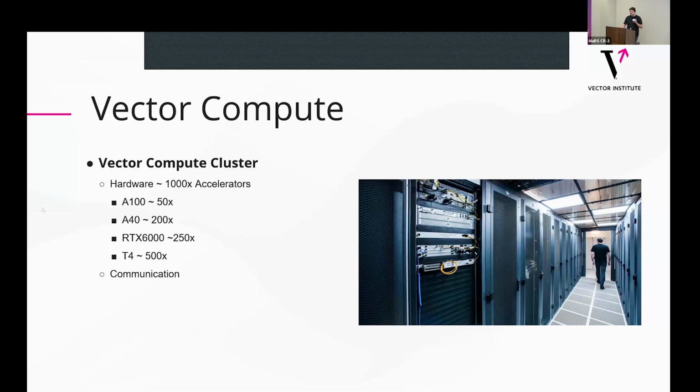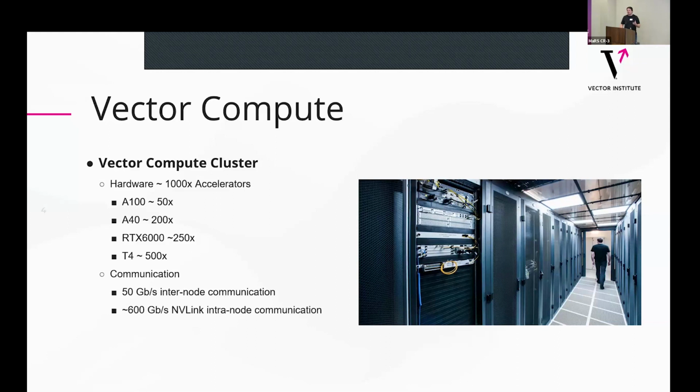And so looking at the communication backing those accelerators, just looking at the A100 partition, we have fairly slow node-to-node communication. So remember that we have 4 A100s per node. And so the communication between those nodes is pretty slow at about 50 gigabit per second.